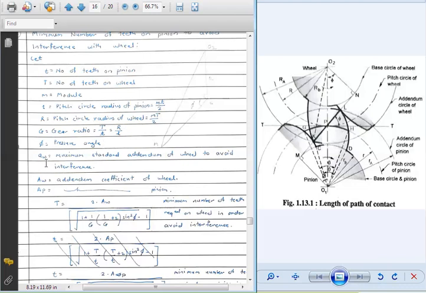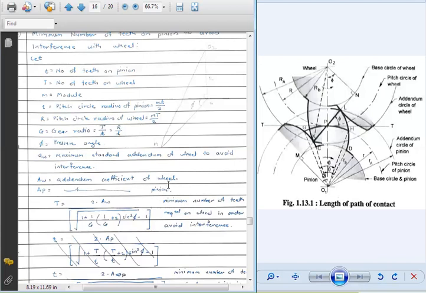Then AW is the maximum standard addendum of the wheel to avoid the interference, and capital AW is the addendum coefficient of the wheel. Then capital AP is the addendum coefficient of the pinion.